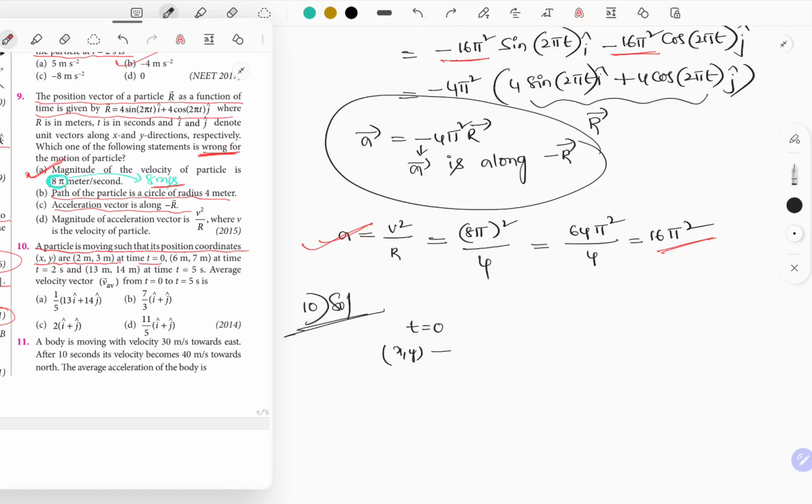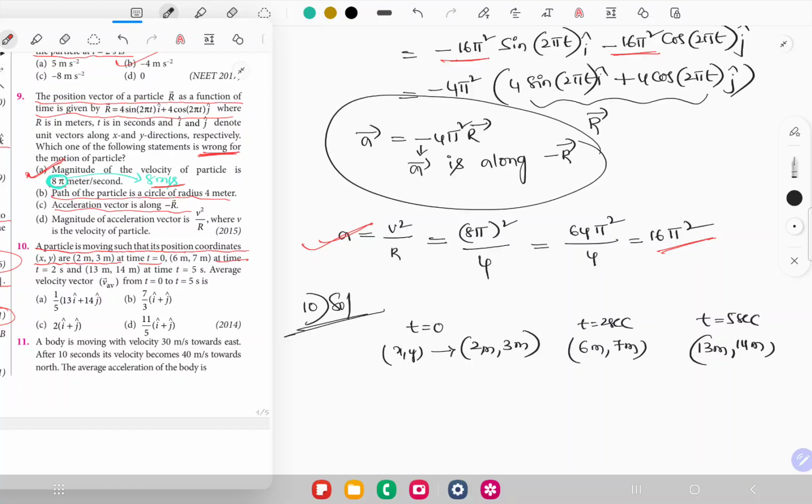Then 6 meter, 7 meter at t is equal to 2 seconds. Next, at t is equal to 5 seconds, it is 13 meter, 14 meter.